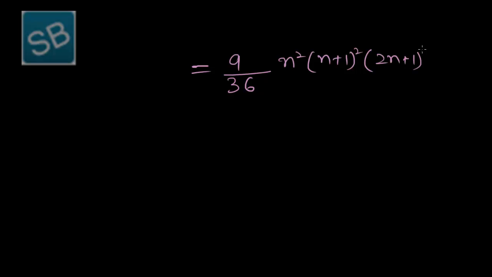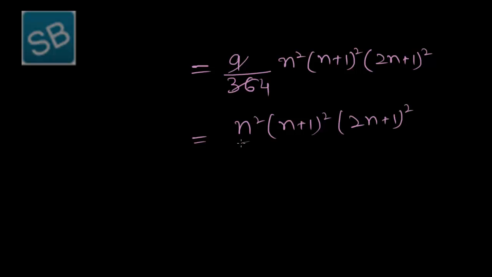Therefore, we get 9 over 6 square, which is 36, into n square (n plus 1) whole square into (2n plus 1) whole square. So 9 fours are 36. We get n square, (n plus 1) whole square, (2n plus 1) whole square over 4. So this is number 2.